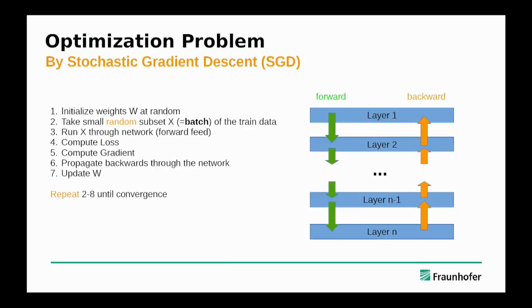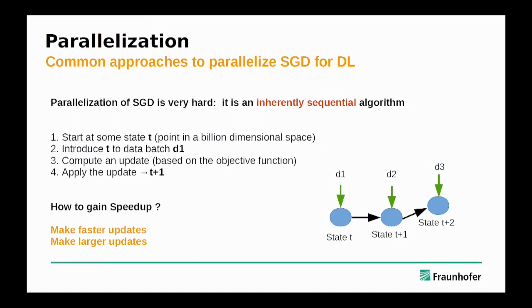Very, very simple algorithm. There are some variations to this, but for our scalability issue, it doesn't matter which kind of more complex variation of this algorithm you're using. The problem is, it's a very simple algorithm, but it's inherently sequential. So you cannot move one step before the other step has been computed.